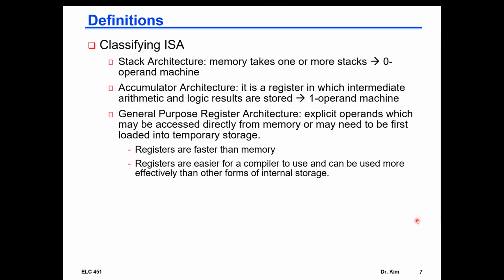But let's say you're adding 2 numbers, so you have 2 operands. The accumulator architecture always assumes that one of the operands is the accumulator, so it has one other operand specified in the instruction.